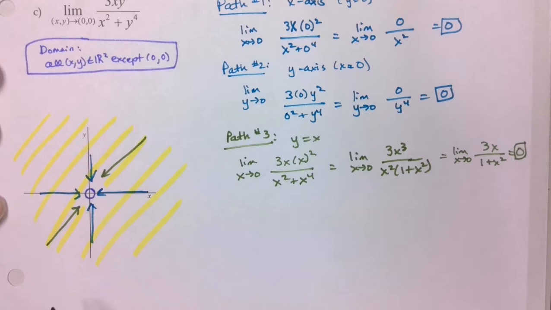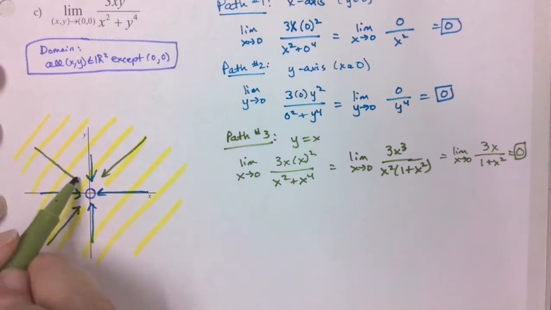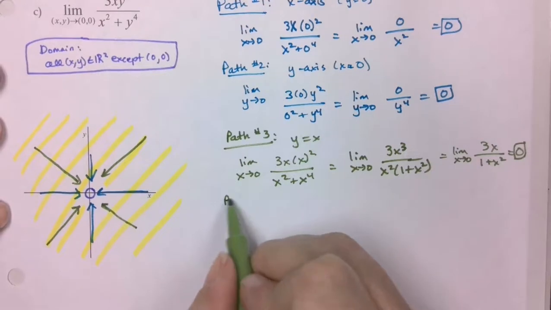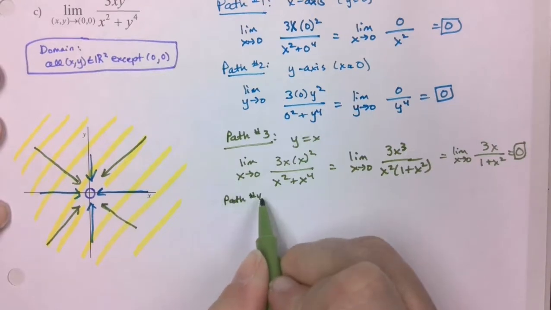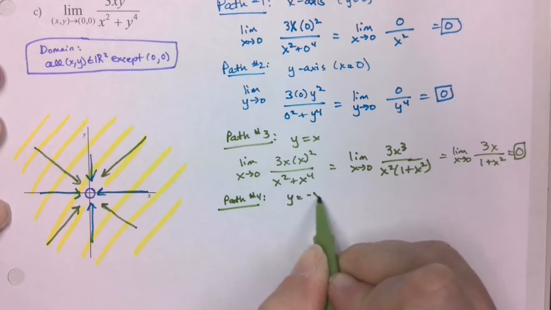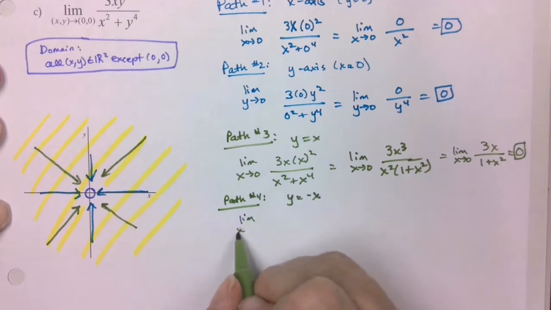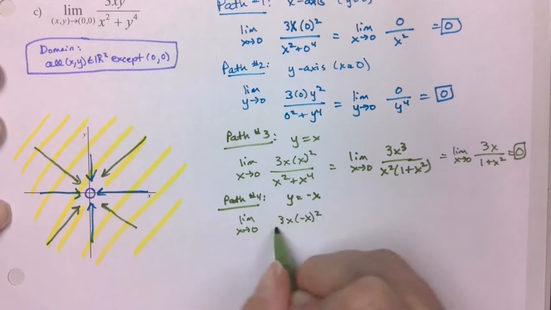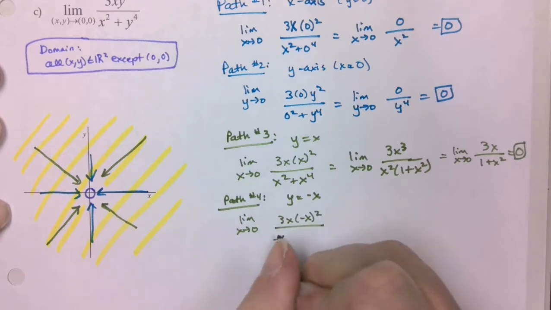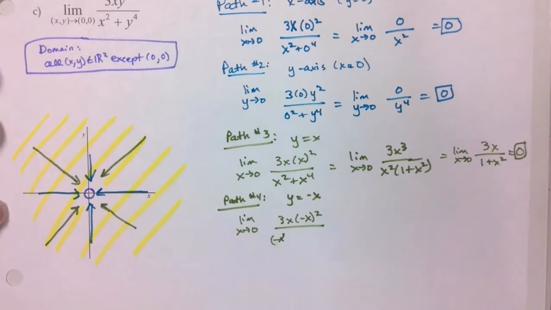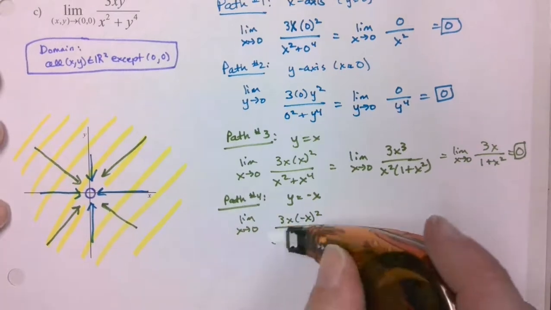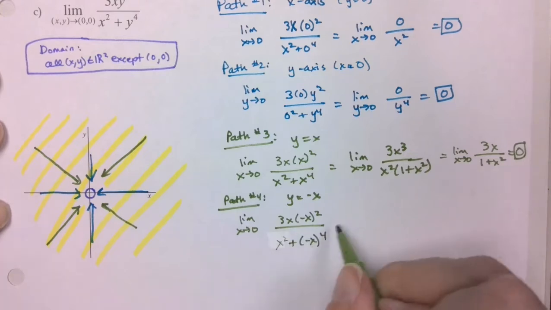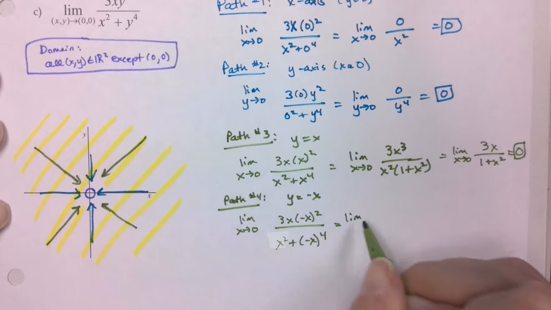That didn't work. What about the other diagonal? What if I come in this way? What if I use y equals negative x? So the limit as x goes to 0, 3x times negative x squared over, oh sorry, it was x squared plus negative x to the 4th is, lo and behold, the same thing as above.